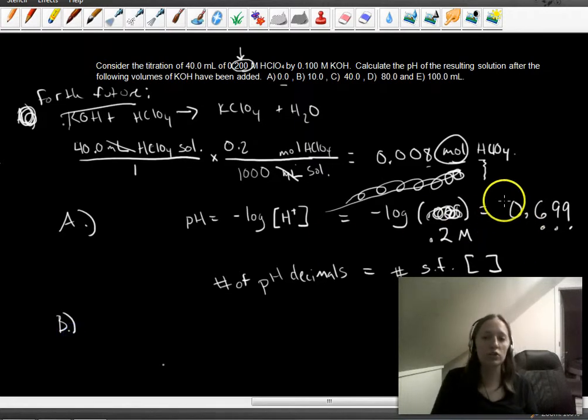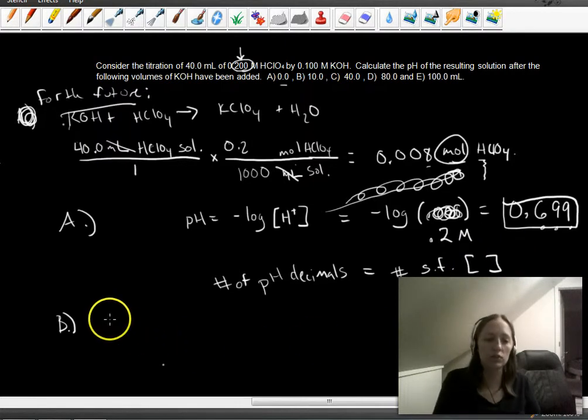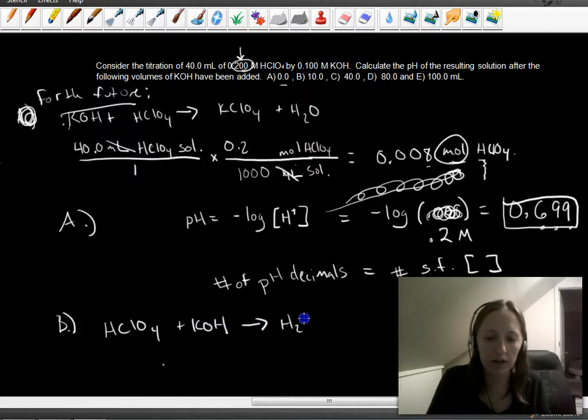All right, B. This is our initial pH before we have added any base. When we start adding base, what is going to happen to the pH? It is going to go up. So let us watch it go up. In B, you're going to take this acid and add some base, and it is going to make water and salt.